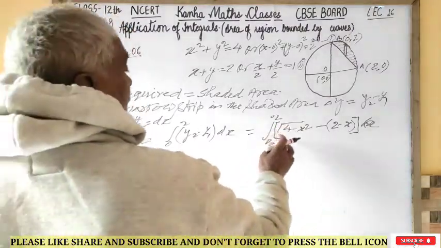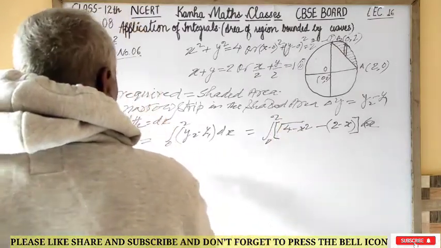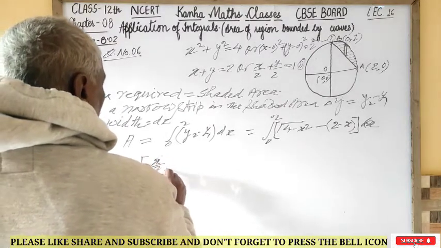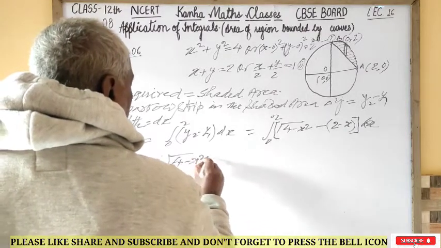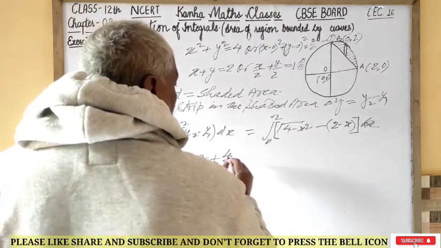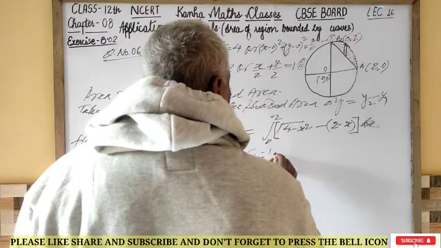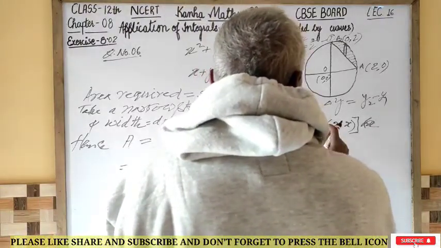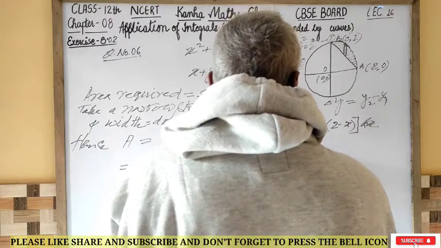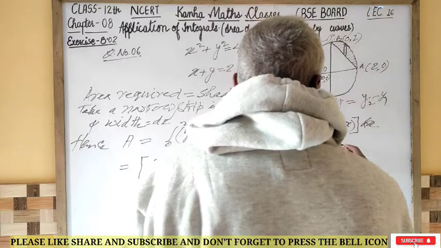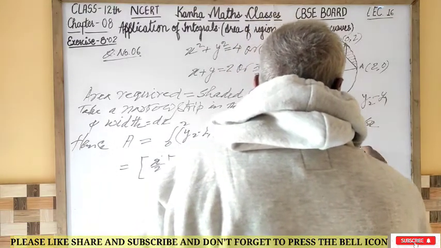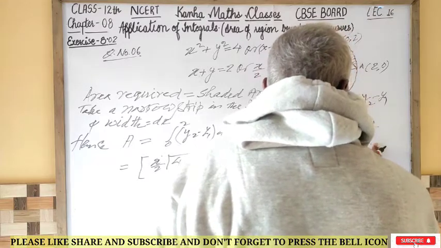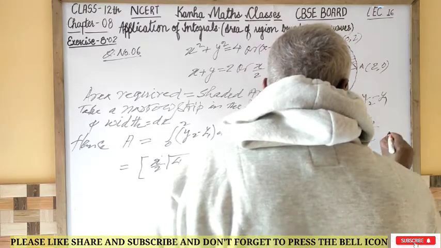Here the integral of the form under root a square minus x square will be equal to x by 2 under root a square minus x square plus a square by 2, that is 4 by 2, sine inverse x by a, that is x by 2, and minus 2x minus the integral of x, that is x square by 2, whole with lower limit 0 and upper limit 2.